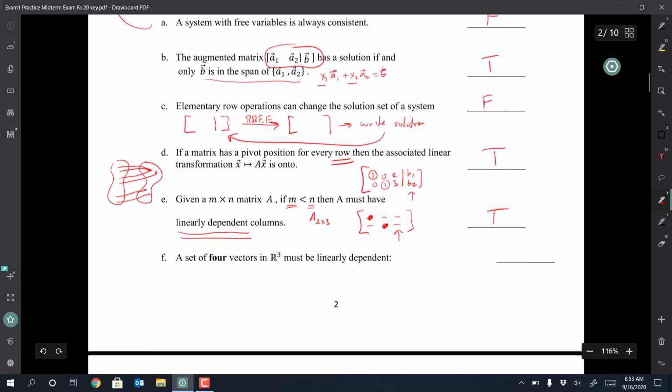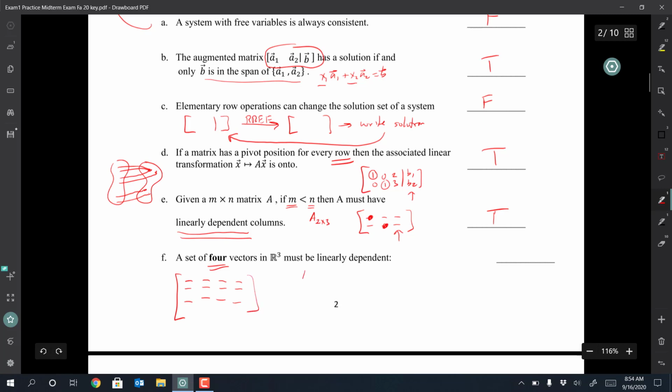Next one, a set of 4 vectors in R3 must be linearly dependent. This is very similar to the previous question. If I wanted to take 4 vectors in R3 and determine if they were independent or dependent, I would put them into a matrix, do row reduction, and see if there's a pivot in every column. But the vectors are in R3, which means each one has 3 components, and we have 4 of them.